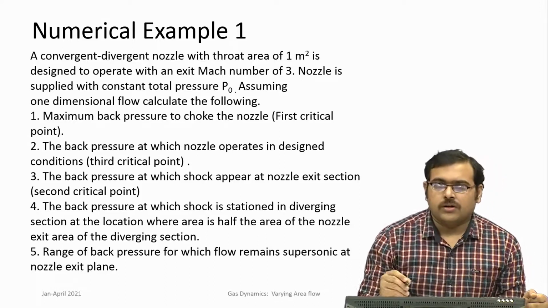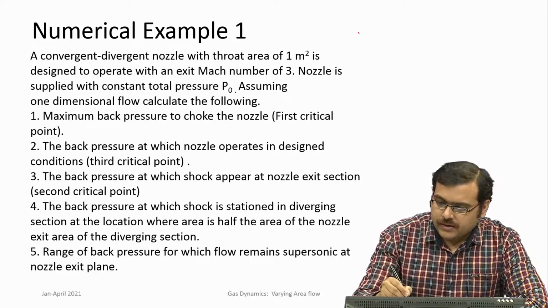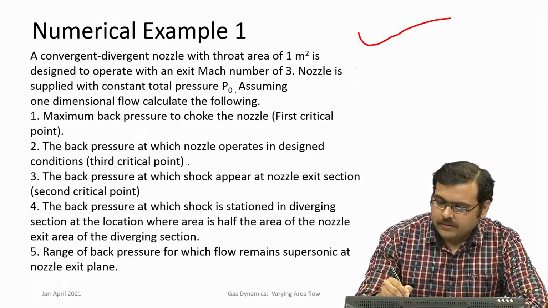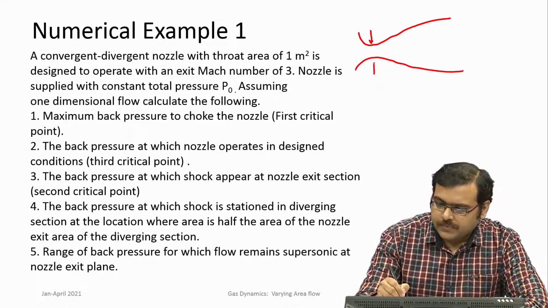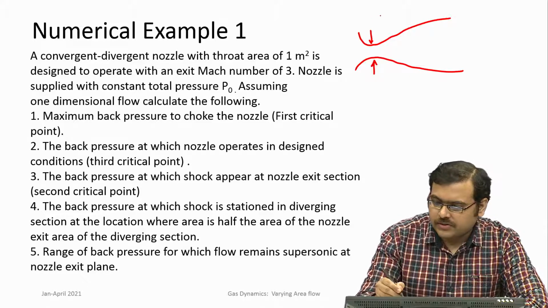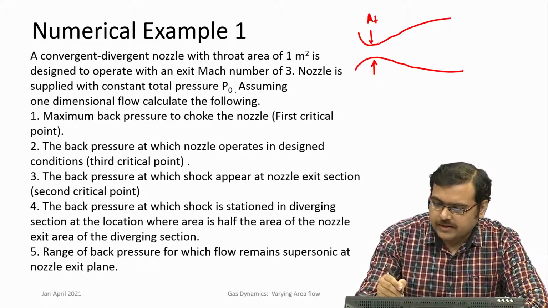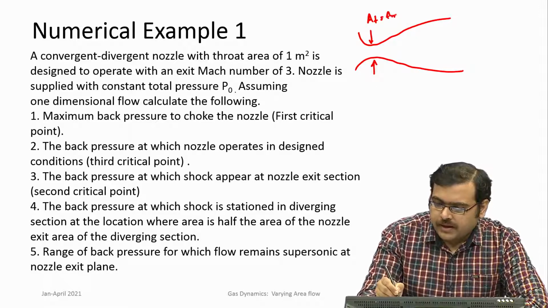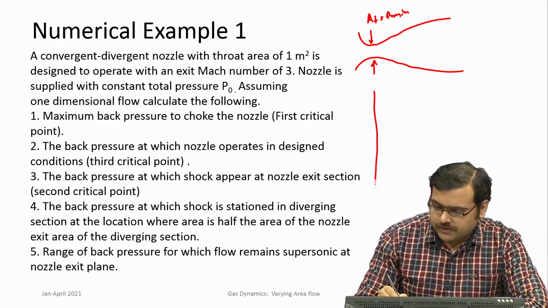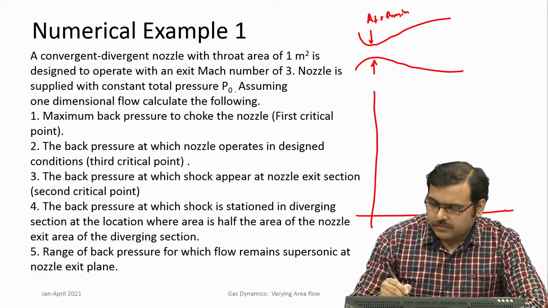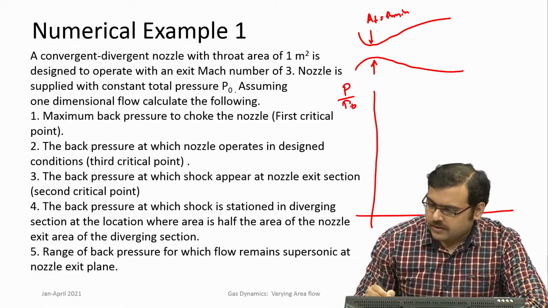So if we do go and draw those curves again, we are looking at a convergent divergent nozzle. The minimum area is at this point, which is the throat. At the throat area is a minimum, and this is a qualitative picture of how the nozzle behaves.